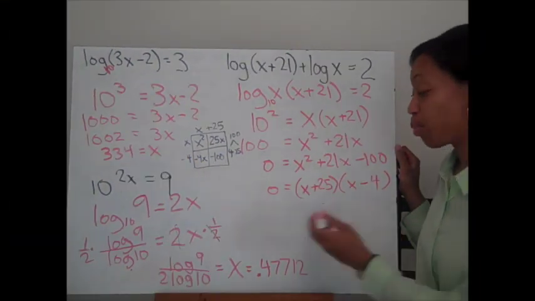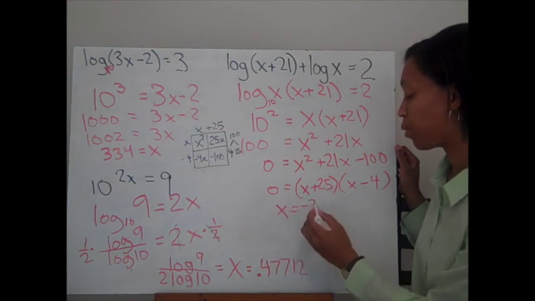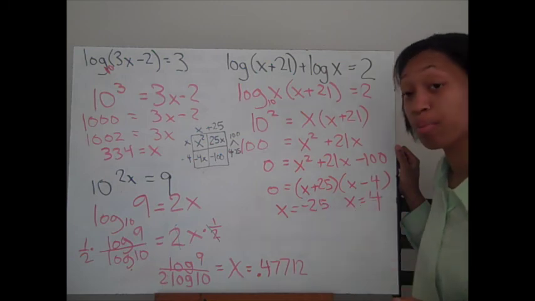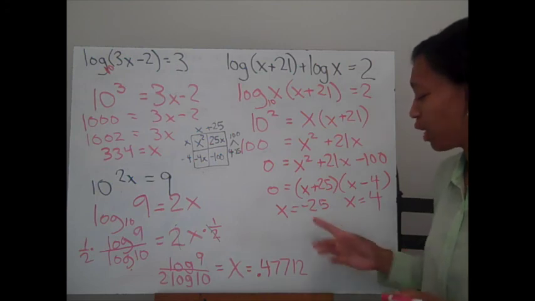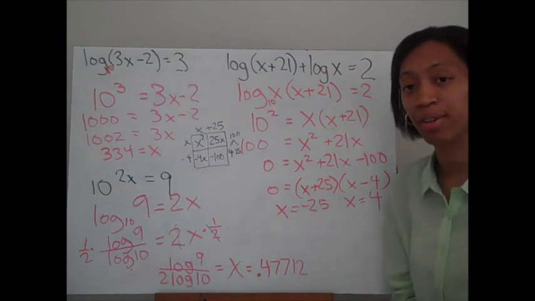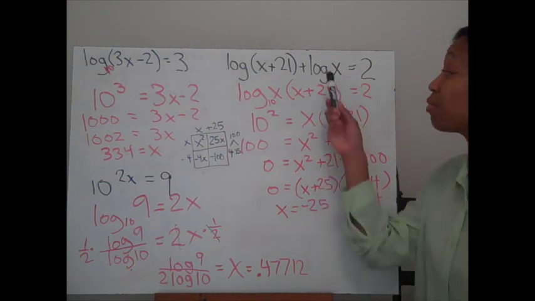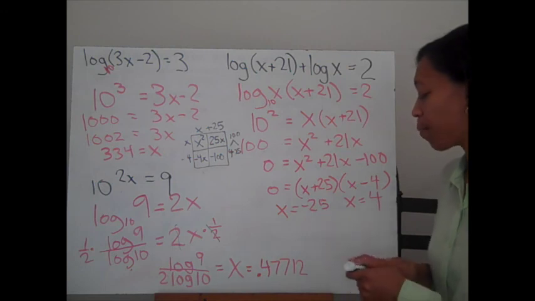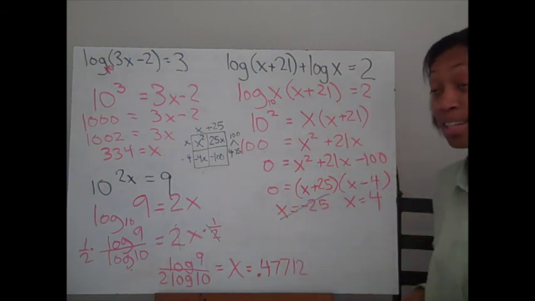Setting each part equal to 0, I get x equals negative 25 and x equals positive 4. But only one of these is actually the right answer. x cannot be negative 25 because we cannot have log of a negative number. So the only answer here is that x equals 4.